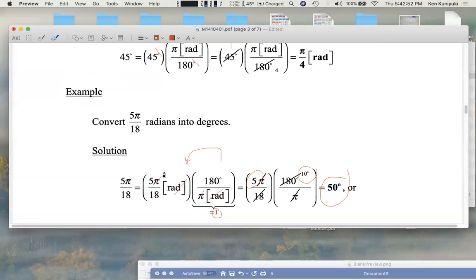Another way of looking at this, you can think of it this way. Pi radians is 180 degrees. 180 degrees divided by 18 is 10 degrees, and then times 5, you get 50 degrees.